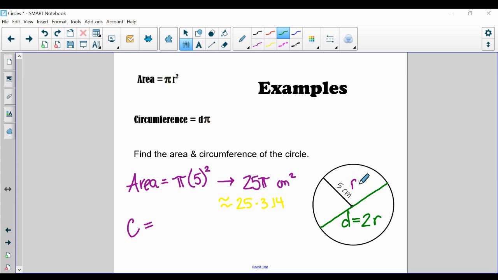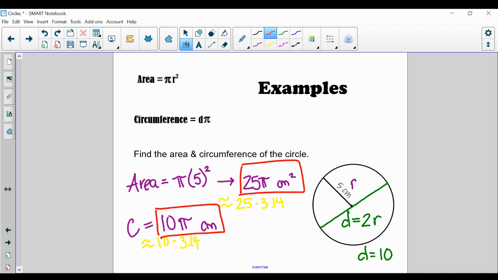So if my radius here is 5, my diameter is going to be 10. So my circumference is going to be 10 pi. And then my units here are just centimeters because that's a distance. Again, we could do 10 times 3.14 for an approximate answer, but this purple answer is the most exact. So my area is 25 pi centimeters squared, and my circumference is 10 pi centimeters.